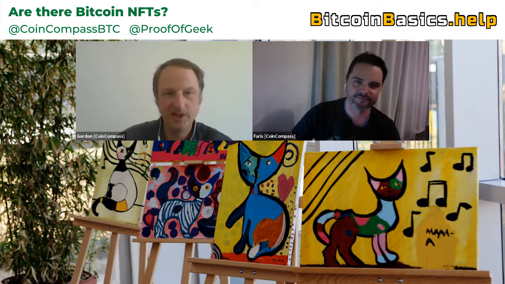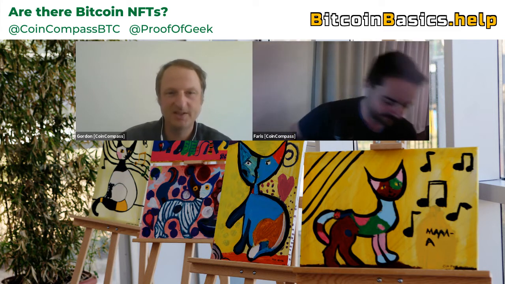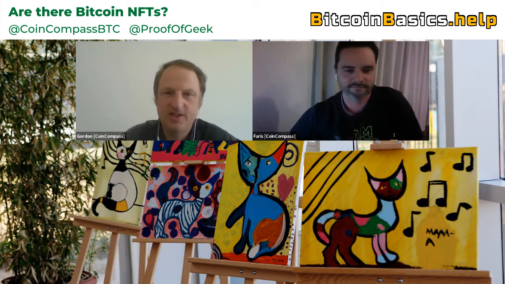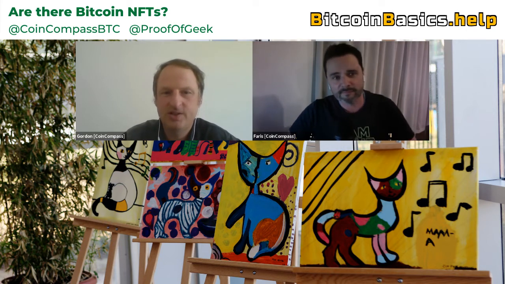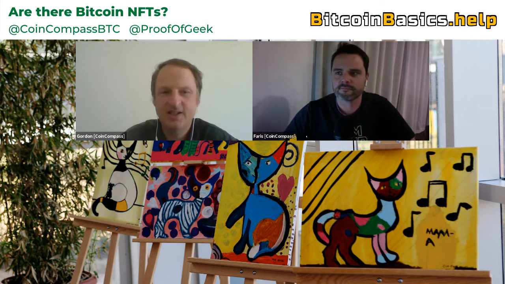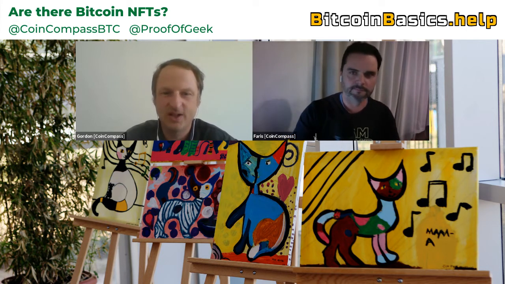Sure. Actually, I think Wikipedia gives the best definition of a non-fungible token. A non-fungible token, NFT, is a unit of data stored on a digital ledger called a blockchain that certifies a digital asset to be unique and therefore not interchangeable. NFTs can be used to represent items such as photos, videos, audios, and other types of digital files.